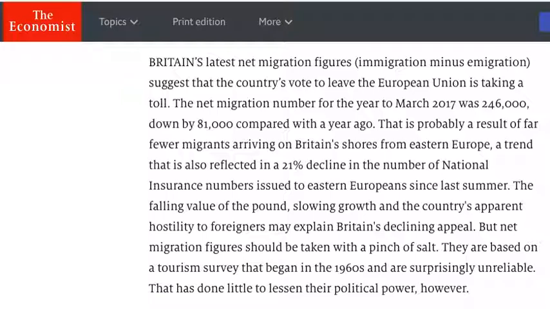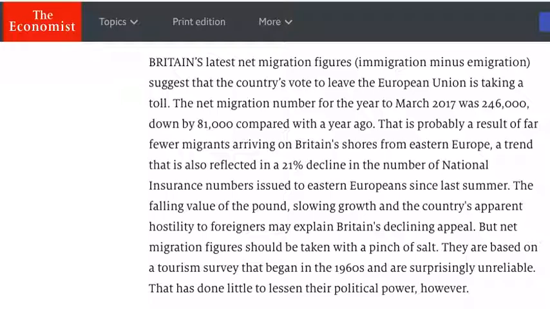Britain's latest net migration figures, brackets, immigration minus emigration. Remember, immigration is in, emigration is out, and together you have the migration figures. It's very important that you use the correct words.